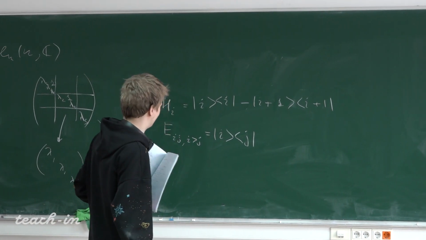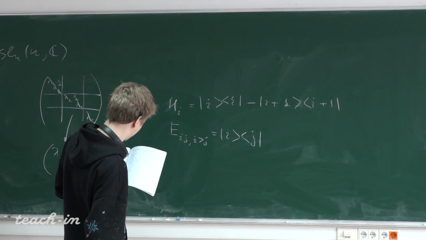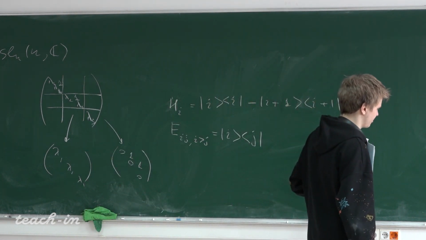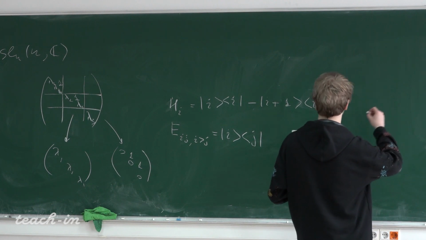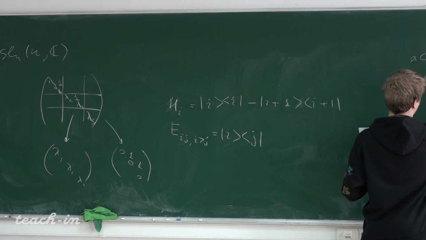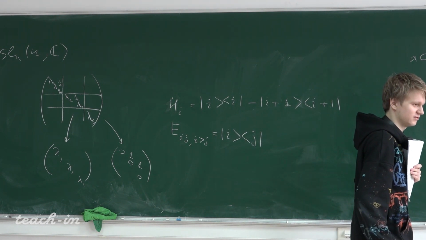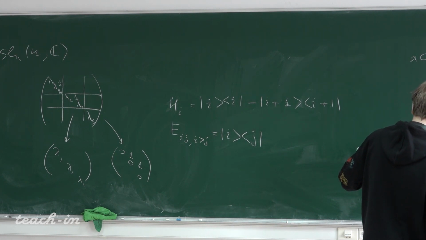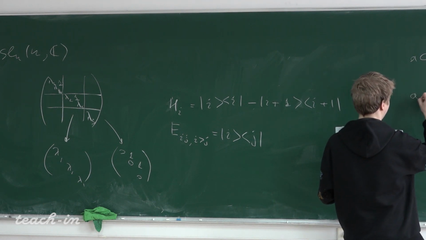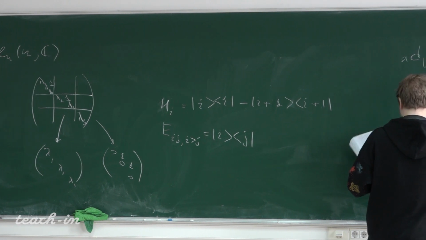So what we want to prove is, first, it is evident that the adjoint action of H_i on H_j is just 0, because they commute. Now we want to check the adjoint action of H_i on E_jk.